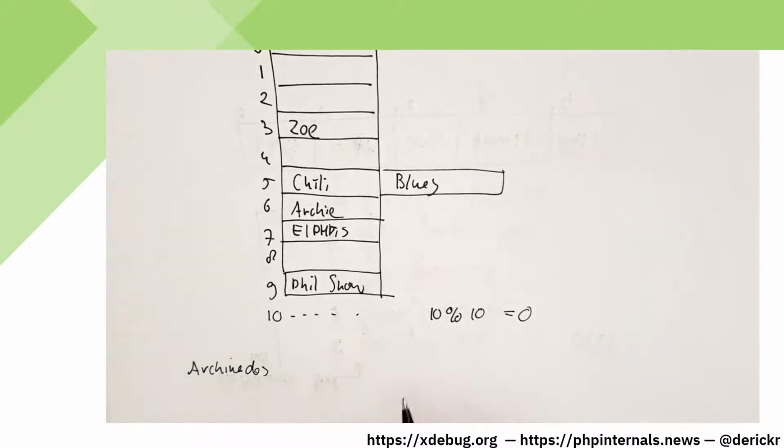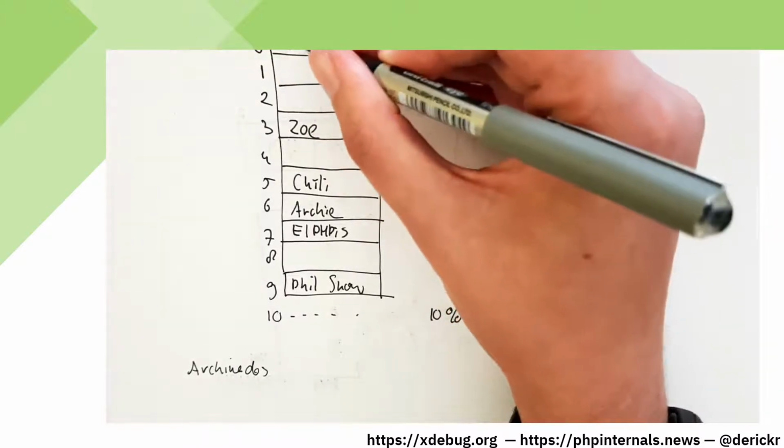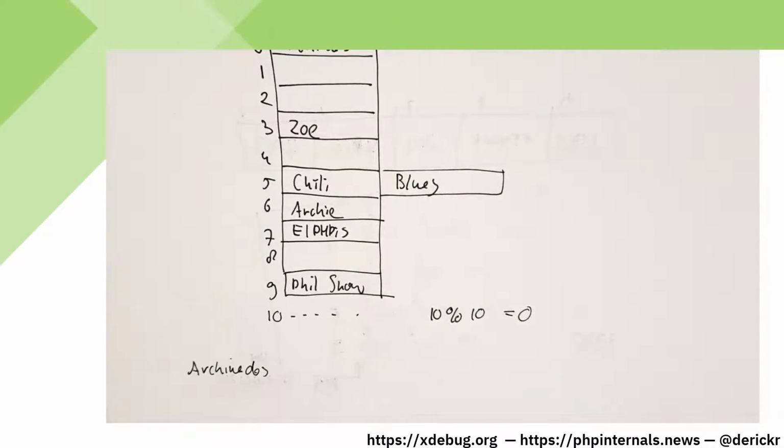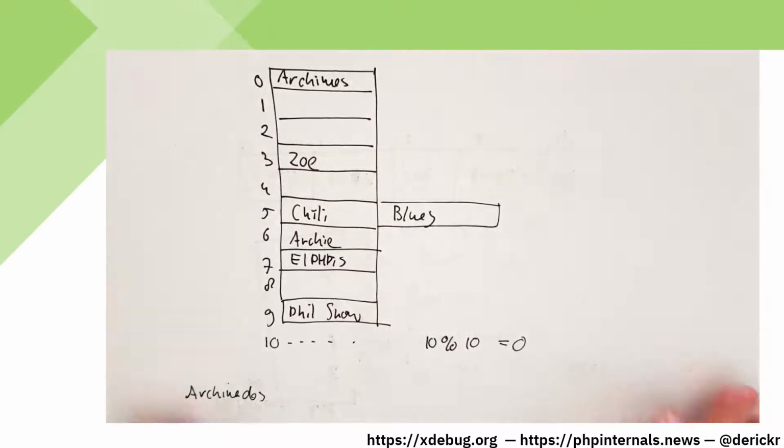So Archimedes would then map to this spot. Sorry, it just falls off the screen here. And so this allows you to add many more elephants, even though their numbers might always map at the same place. Now, of course, doing the string length isn't great. But let's start with that and see how we can implement this specific type.